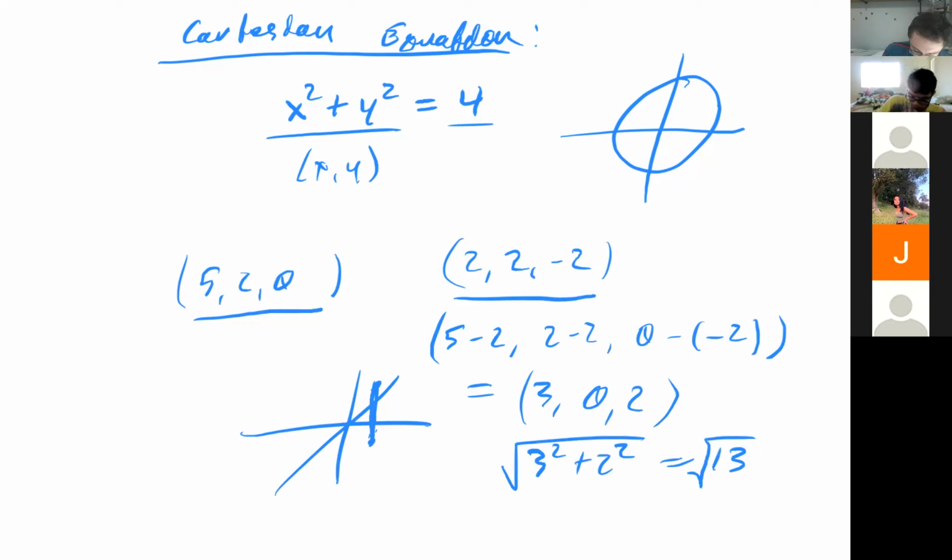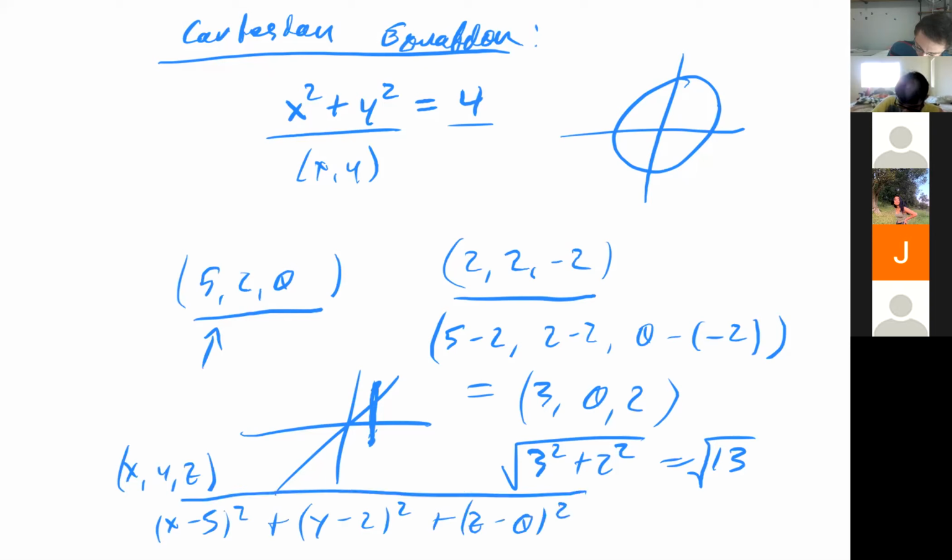And now we can write down, what does it mean to be a sphere? It means that the distance from some central point is fixed, and we take all of the points that are this distance from the central point. And the distance of some random point (x, y, z) from the center point (5, 2, 0) is just the square root of (x minus 5) squared plus (y minus 2) squared plus (z minus 0) squared.